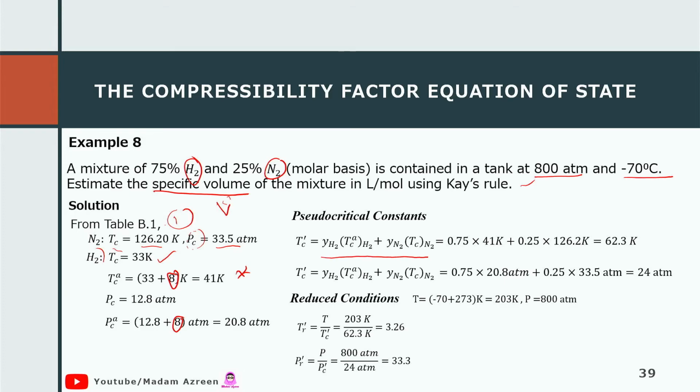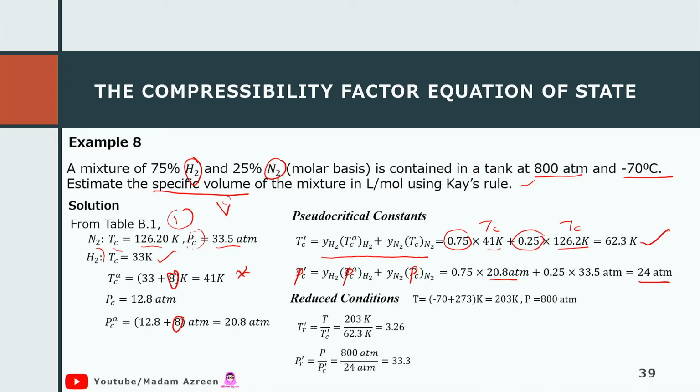We just substitute all the values: the mole fraction times a critical temperature, plus another mole fraction times another critical temperature, and we get this temperature. The same goes for pressure. Oh, this is a typo here because I forgot to correct it. For critical pressure, same, then you get this value.